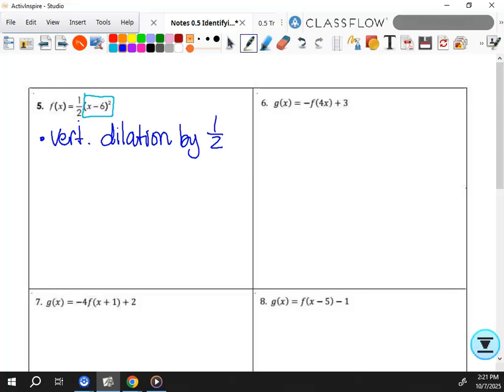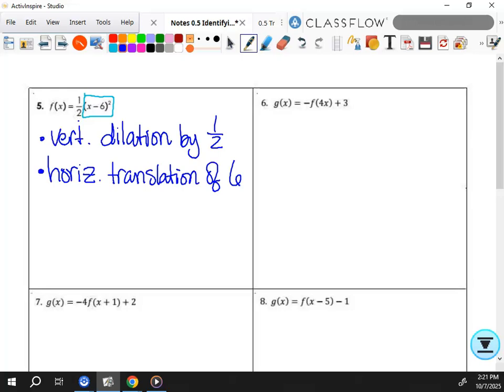Then I come across the 6, that's inside, so that is horizontal, and it's a horizontal what? Translation of 6. That 2 doesn't mean anything because it was just a quadratic, right? Don't be doing weird stuff with those things. Okay, we good with that?